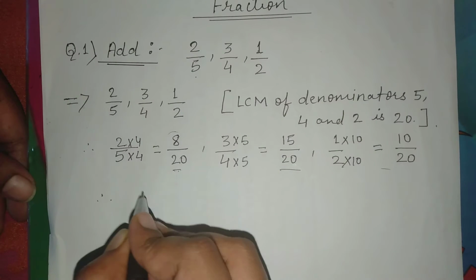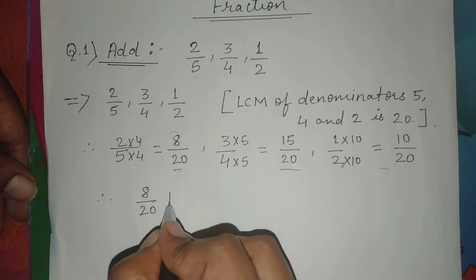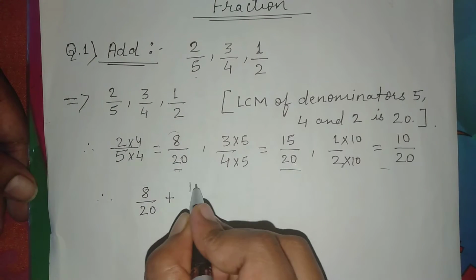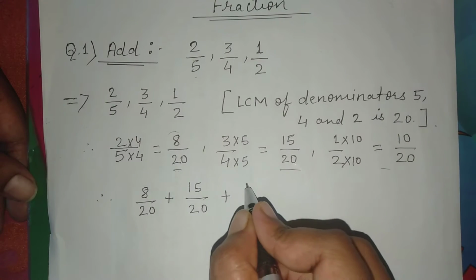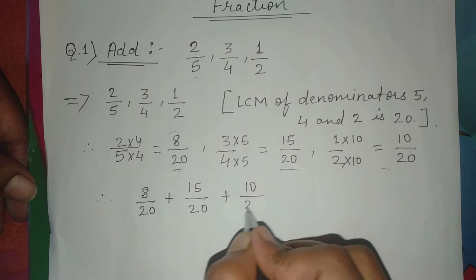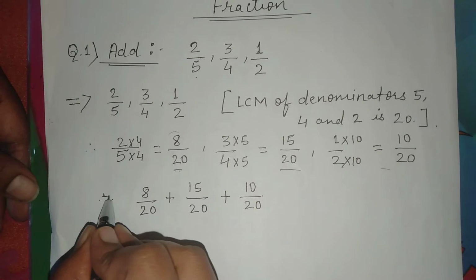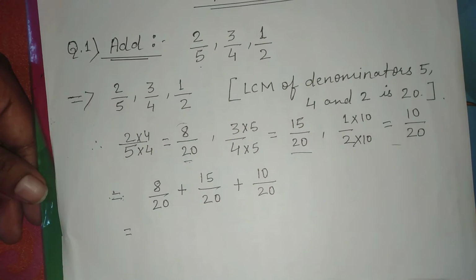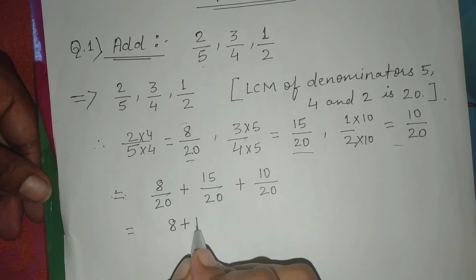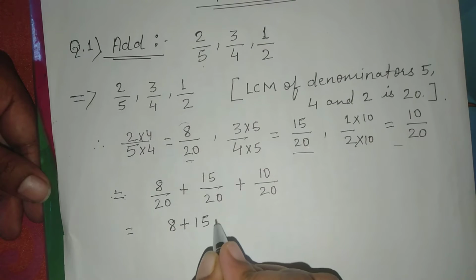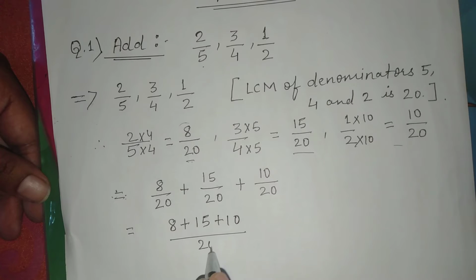So now we will write 8 by 20 plus 15 by 20 plus 10 by 20. Okay. Now we will solve. We will write all the numerators, 8 plus 15 plus 10 divided by 20.